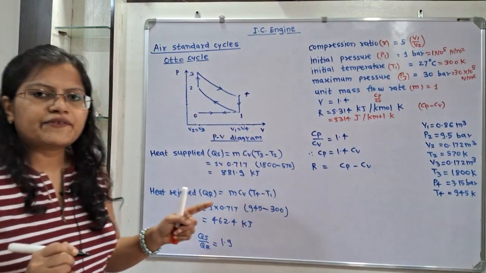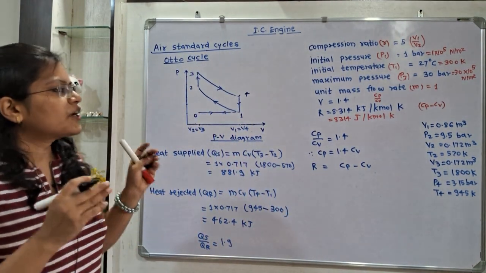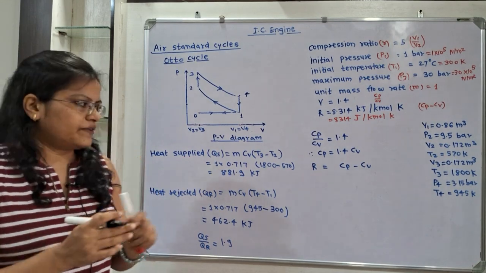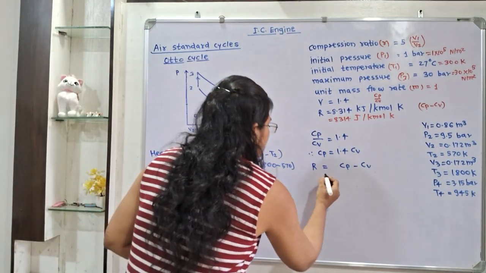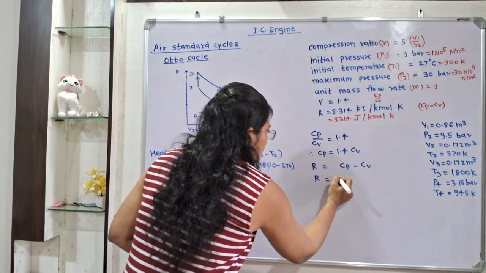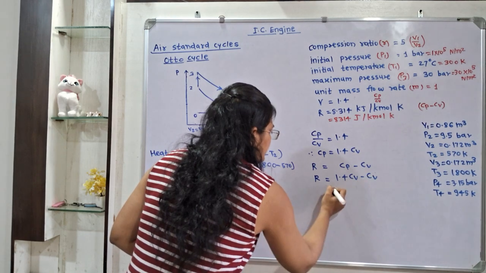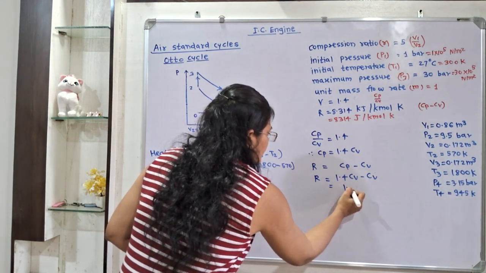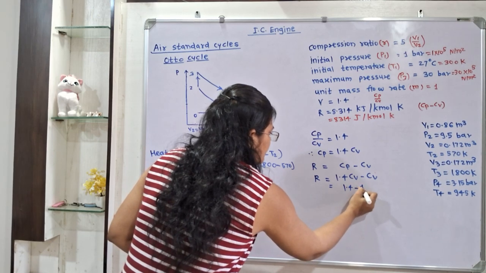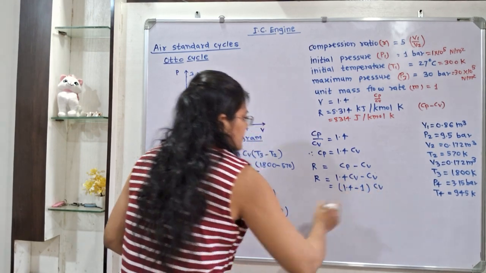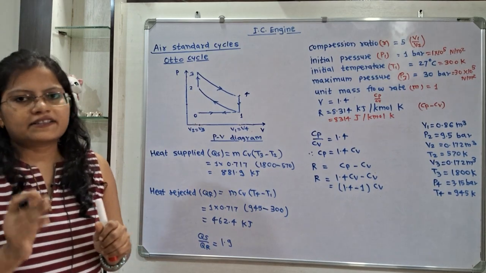But this Cv has the unit kilojoule per kilogram Kelvin. Now first we will put the value of Cp. So R is equal to 1.4 Cv minus Cv, which is equal to (1.4 minus 1) into Cv. Now I will write the unit.